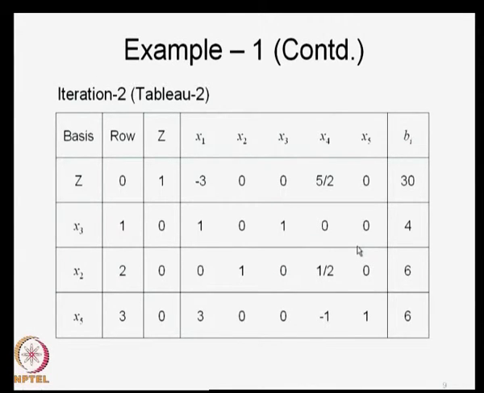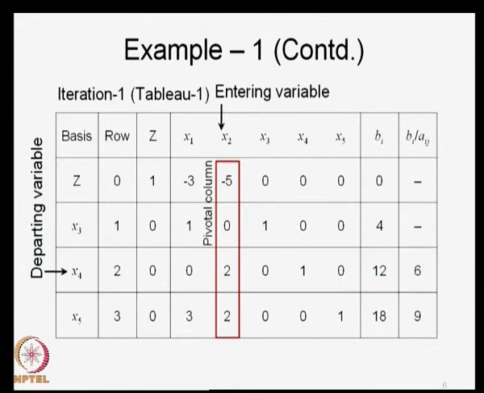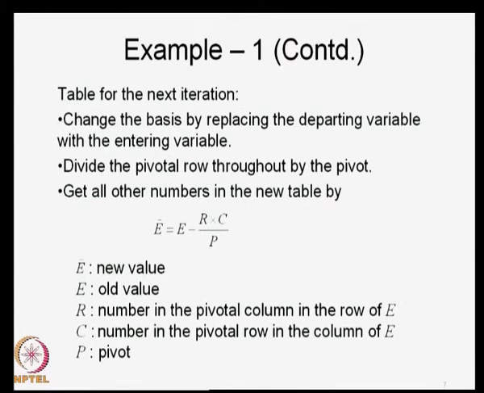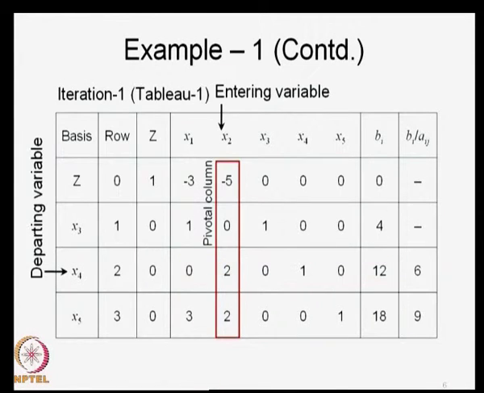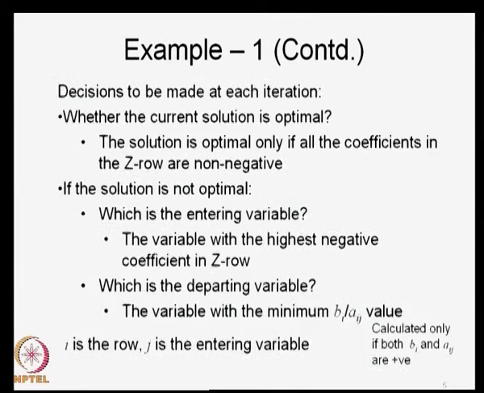So, at any iteration the basic variables among themselves will constitute a unit matrix like this.